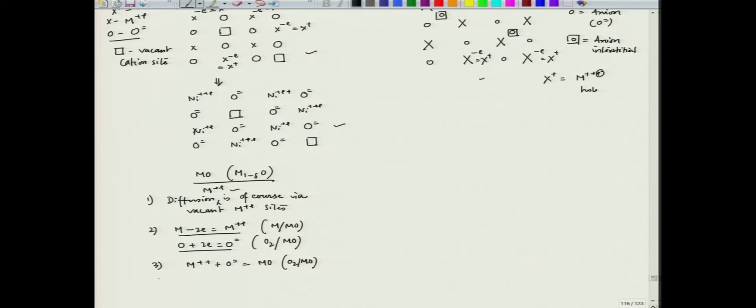Now you have to see how the charge would move. In this case the charge movement happens via an exchange mechanism, which is nothing but M plus 2 and M plus 3.